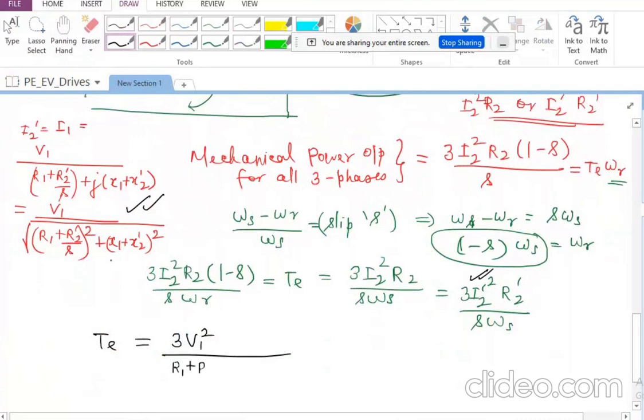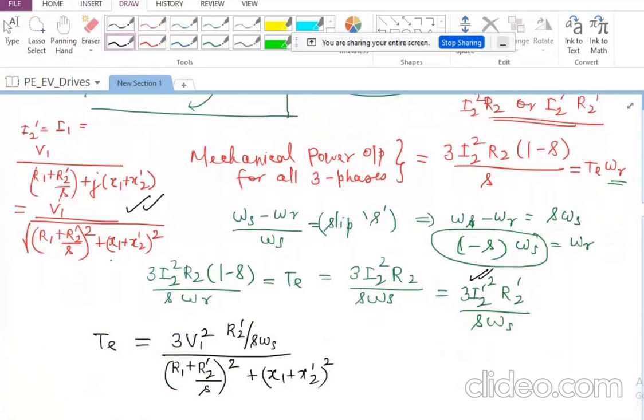So it will be R1 plus R2 dash divided by S the whole square plus X1 plus X2 dash the whole square. And here whatever is there, I have to write as it is, R2 dash divided by S omega S. So this is the electromagnetic torque expression that has been derived for the induction motor.